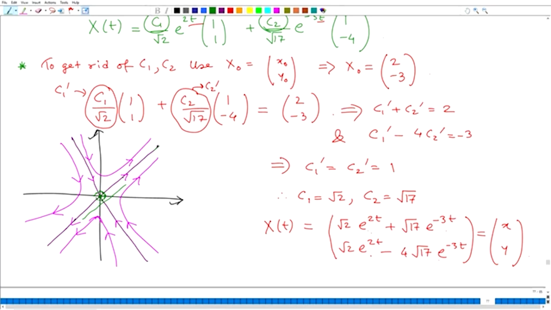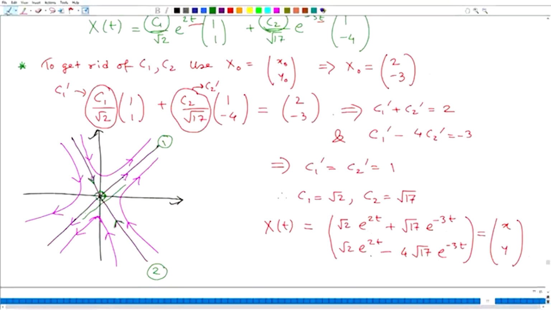And you can actually show that with respect to this direction, let us say 1, this fixed point is acting like a repeller, but on this other eigen direction 2, it is acting like an attractor. That is exactly the case where we talk about a fixed point whose name is saddle point, and the corresponding fixed point is known as a saddle point.